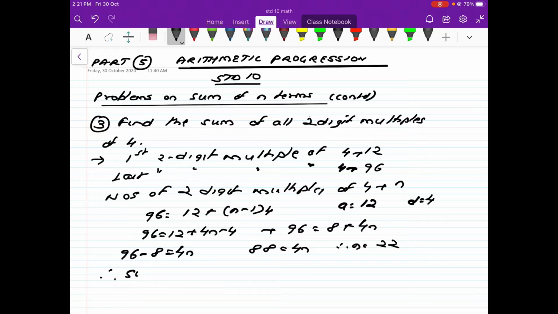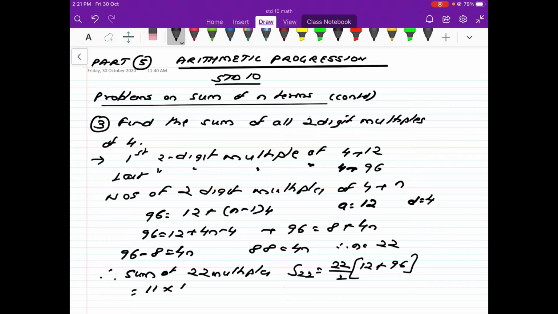Therefore the sum of 22 multiples will be given as S22 is equal to, and we will use the shortcut method. There are 22 multiples, so n is equal to 22. The first multiple is 12 and the last multiple is 96. So this is 11 into 108, which is 1188.